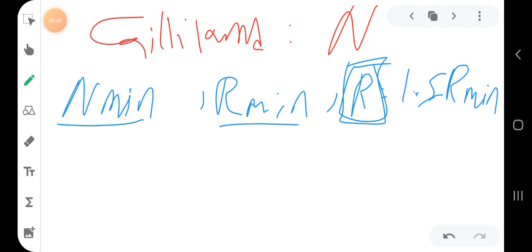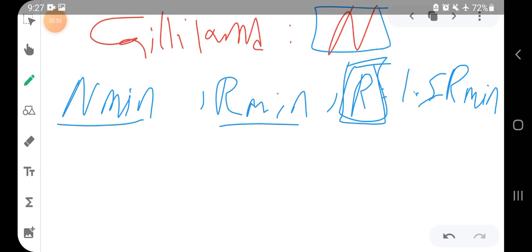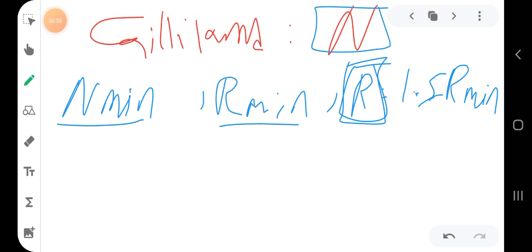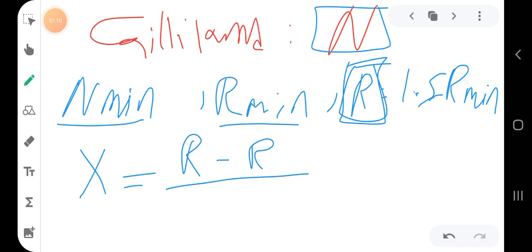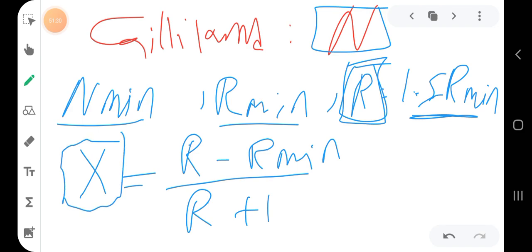The first thing that you do is find the value of a random variable that we call x, and we say this x is just (r minus r minimum) over (r plus 1). So if you know r minimum from Underwood and you know r from whatever relation is given in the question, you can determine this variable x. And once you get this x, you can determine another variable called y.